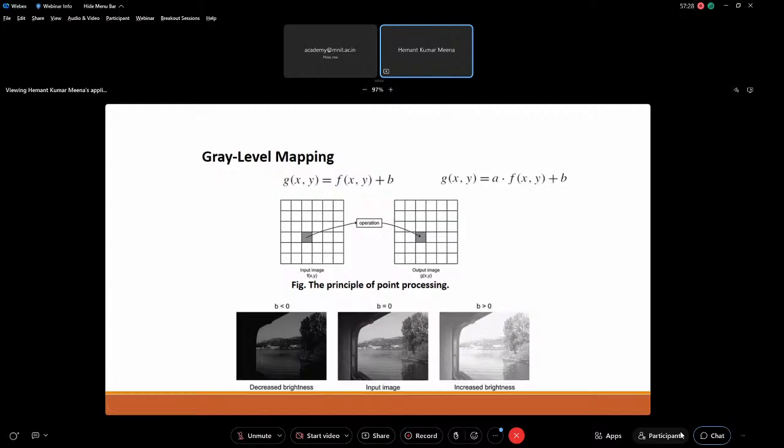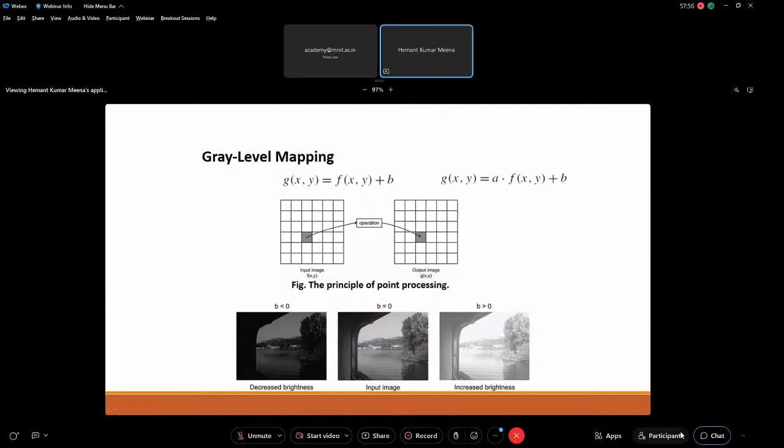The pixel which has been marked here, counting starts from one, two, three, so it is 3, 3. What is its location? 3, 3. So this is the basic unit, what we call the spatial coordinate.